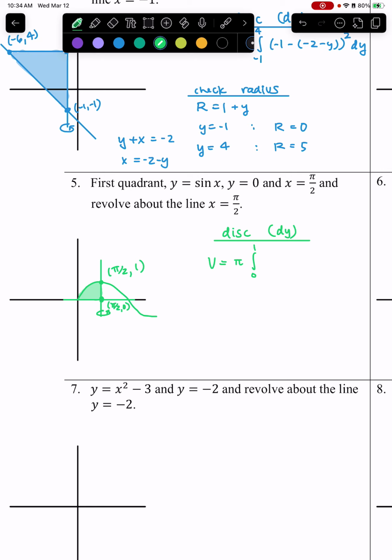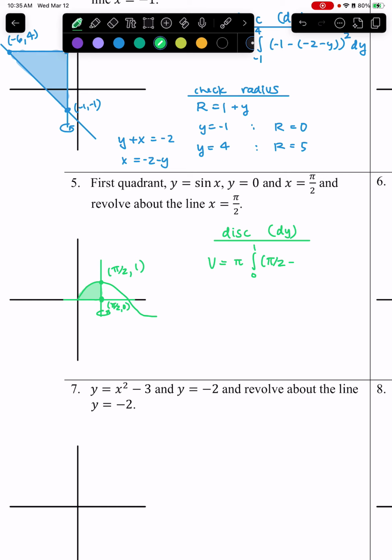And our radius is just going to be starting with the line that we're rotating about, which is pi over 2.